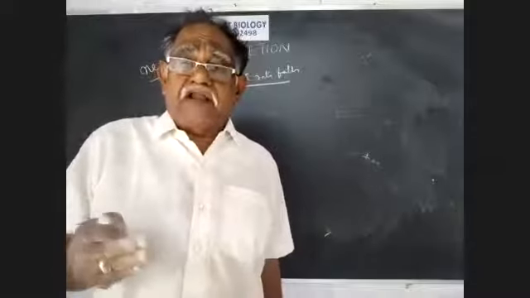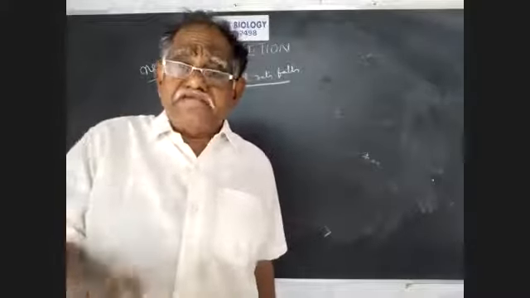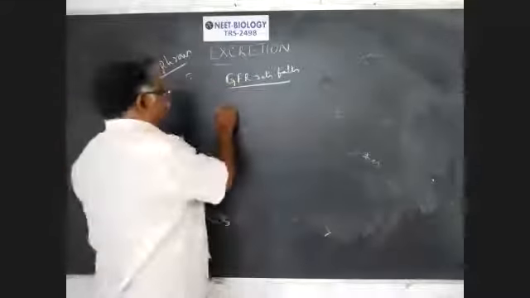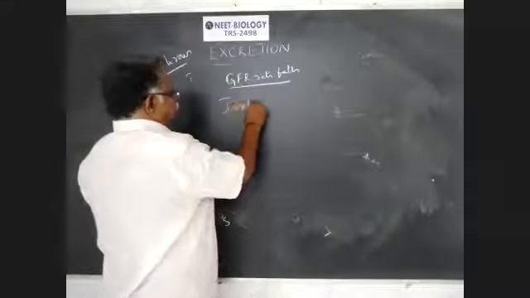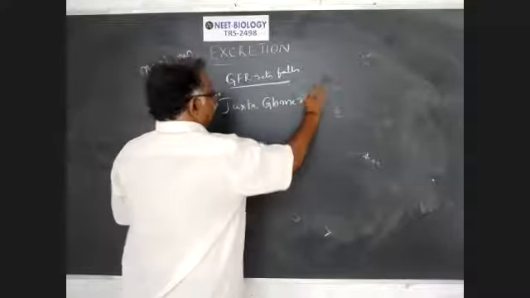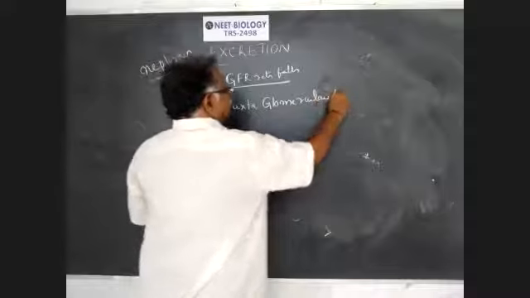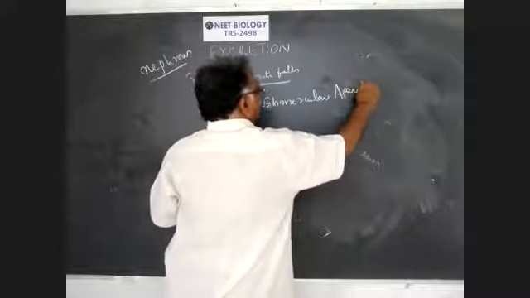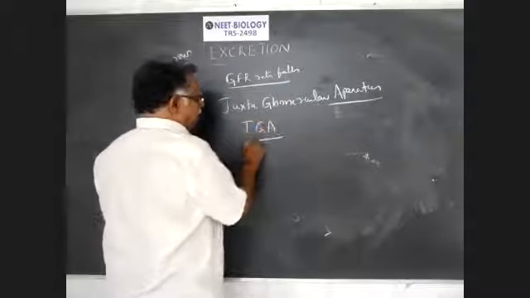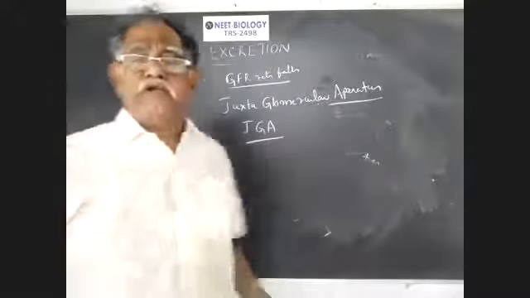But for rectifying the physiological defect, there is a special apparatus, what is called the juxtaglomerular apparatus. Juxtaglomerular apparatus, JGA, important.